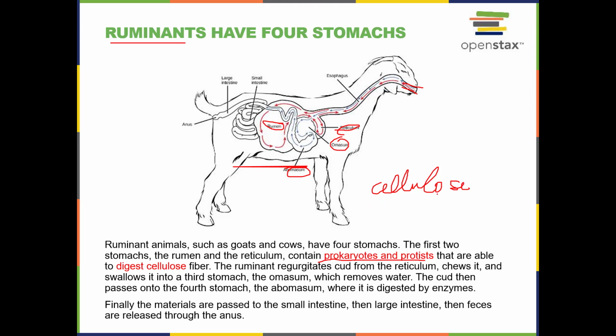But these animals have a symbiotic relationship with certain prokaryotes and protists, which we do as well, but these animals have prokaryotes and protists that can actually break down the cellulose into glucose. So when one of these animals eats grass, it actually raises their blood sugar.